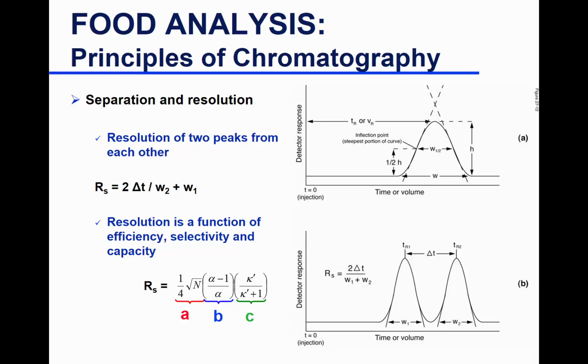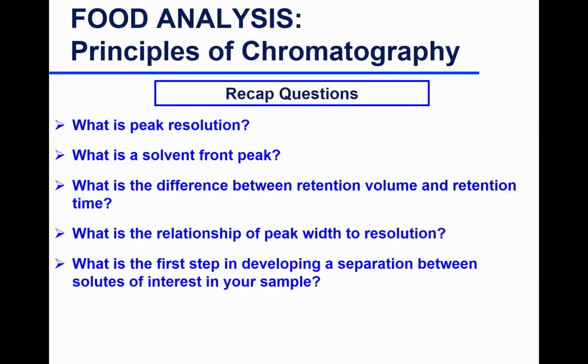Efficiency has to do with the number of theoretical plates, the n value, and we're going to talk about that. Selectivity has to do with alpha, which is the separation coefficient. And capacity has to do with the retention time of that particular peak, and we're going to talk about that itself. So you have A, B, and C. We're going to start with A.